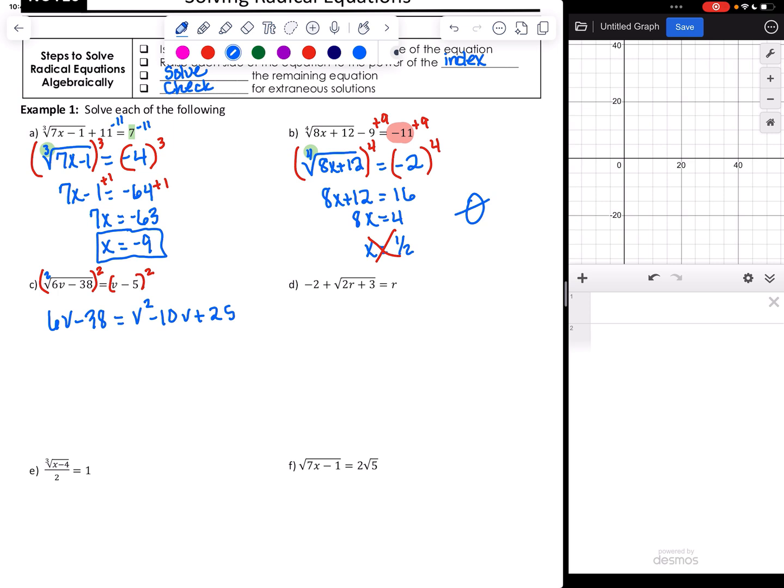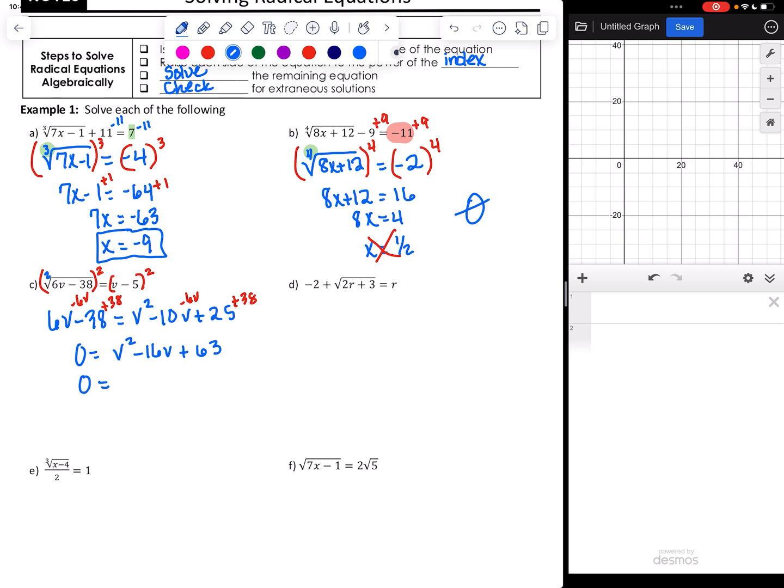But for either method, you need to make one side equal to 0. So I'm going to subtract 6v from both sides and add 38 to both sides. So when I do that, that's going to give me 0 equals v squared minus 16v plus 63.